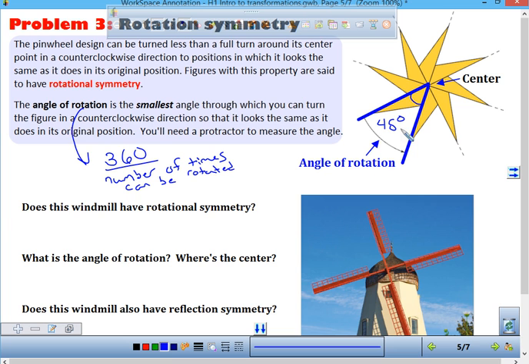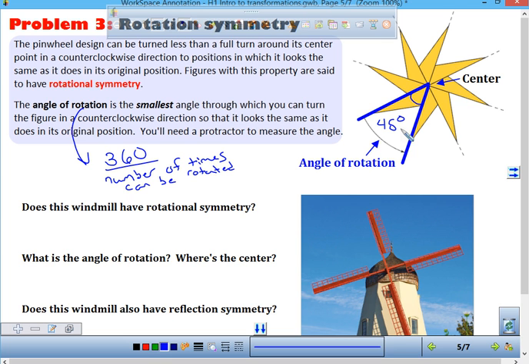Does the windmill have rotational symmetry? Okay? It does. How many times can you turn it and it's going to be the same thing? 4, yep. Okay?